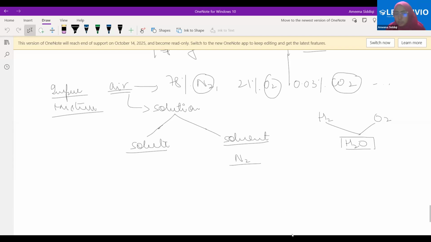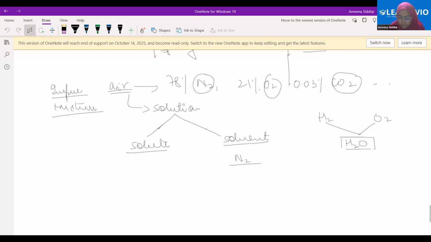Now, what is the solute in air and what is the solvent in air? Ma'am, the solvent is nitrogen. Good. Why do you think the solvent is nitrogen here in the case of air? Why not oxygen?